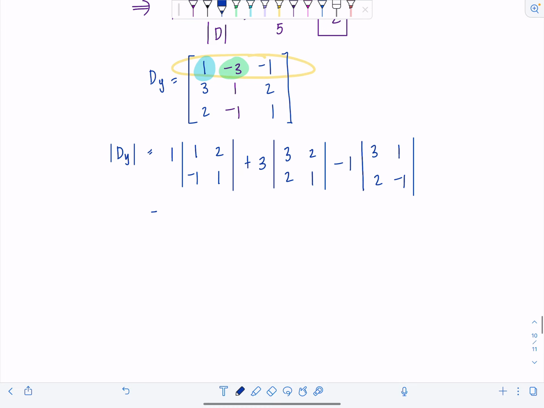Good. So we've got here now 1 times, this is 1 plus 2, plus 3 times 3 minus 4, minus 1 times negative 3 minus 2.